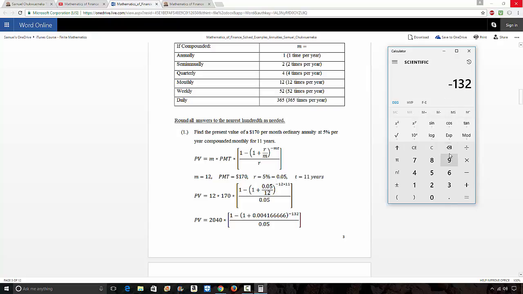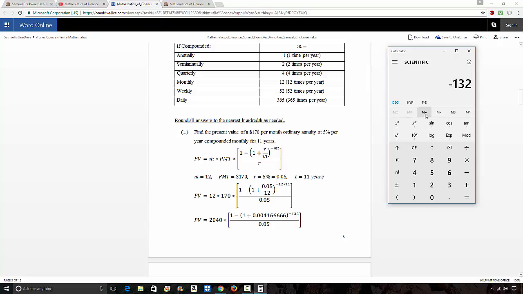So what I will do now is to save this in the memory. You might want to write negative 132 on your paper, but I want to be using the memory function on these calculators. So I'm going to press the memory function here. Now notice that right now these are not in bold. The MC is the clear memory, and the M arrow is the recall memory. Okay, memory recall and memory clear.